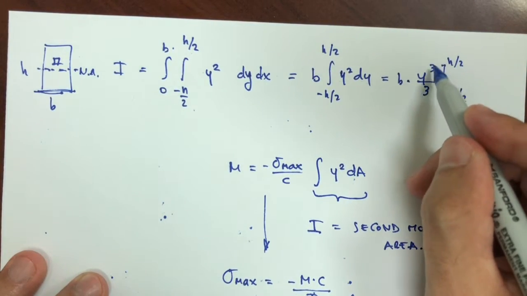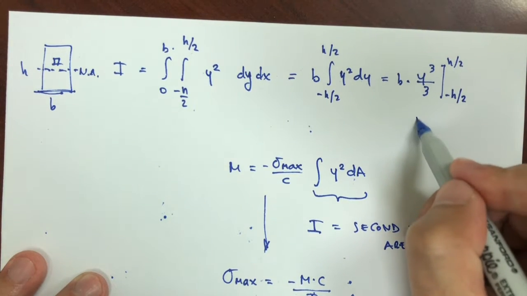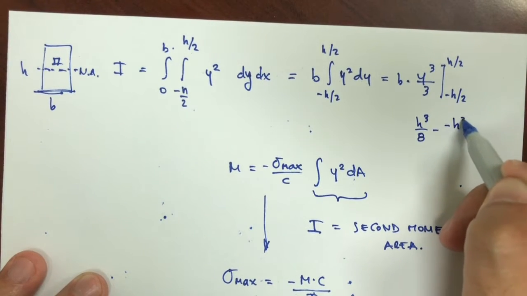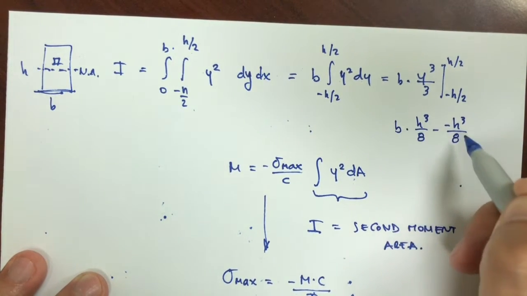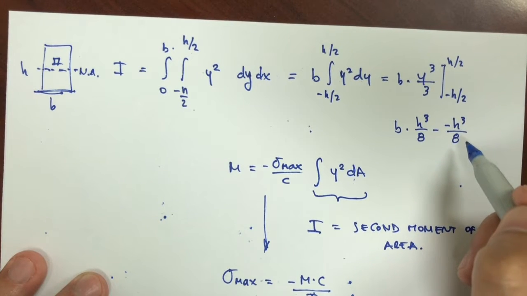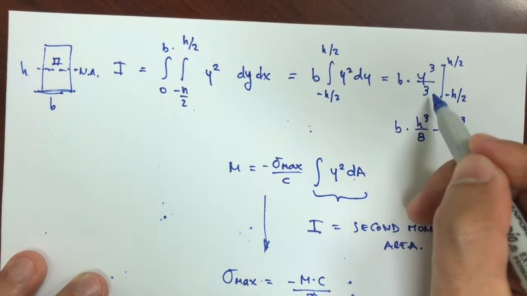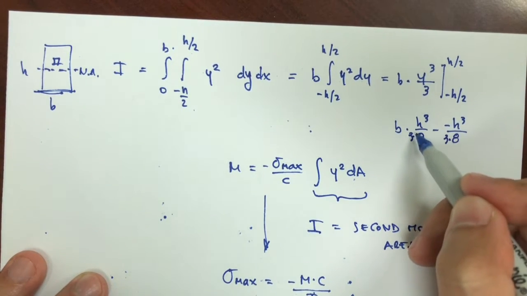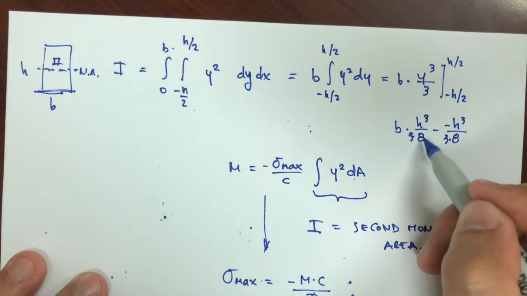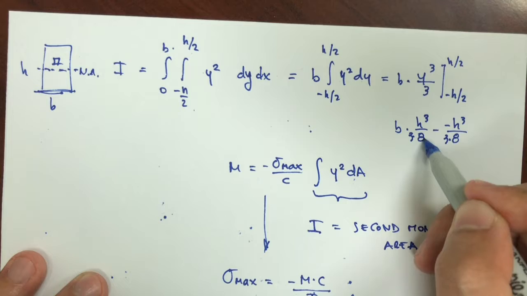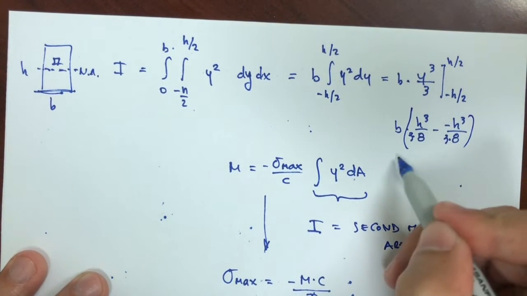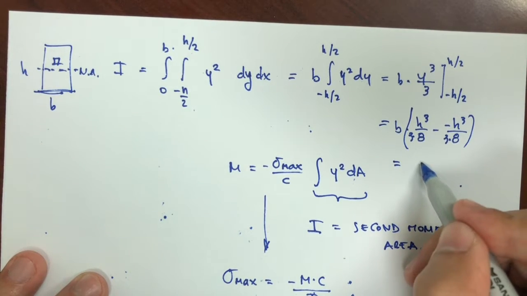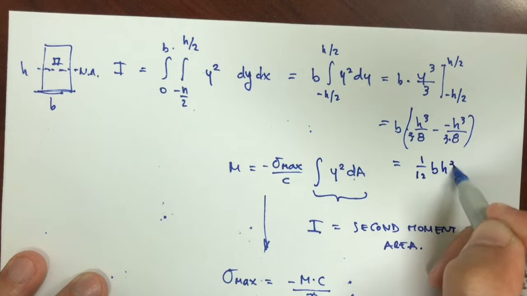So h cubed over 2 cubed is h cubed over 8, minus minus h cubed over 8, times b, and times the 3 that I had here. So it was h over 2 to the third over 3, and that becomes an 8, but the 3 is still there. So this ends up being 2 over 24, or just 1 over 12 b h cubed.